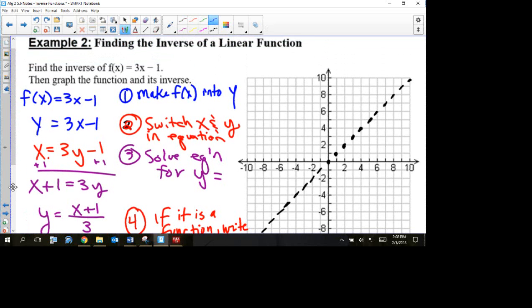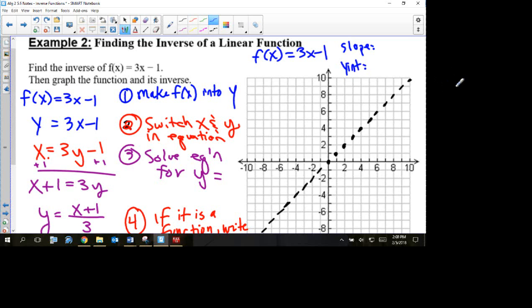We're going to graph f of x equals 3x minus 1. We're going to graph the original function. Since it's a line, I can find the slope, and I can find the y-intercept from day 1 of school, plus algebra 1. And hopefully geometry.